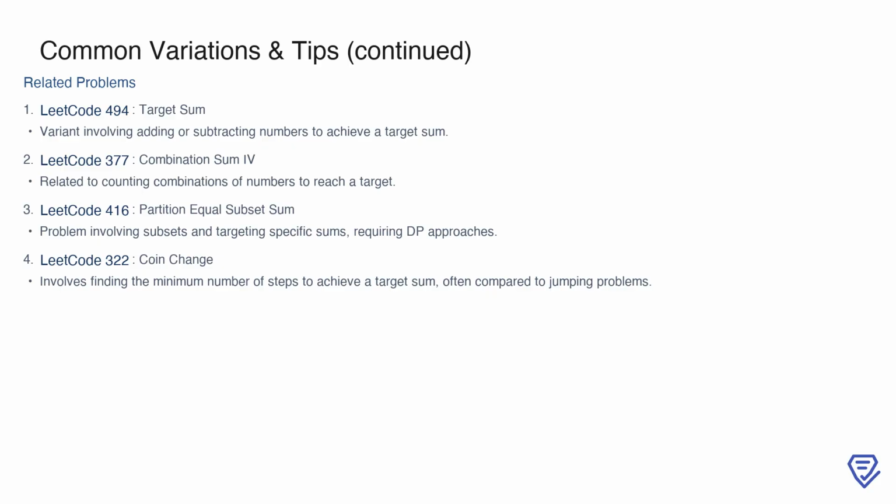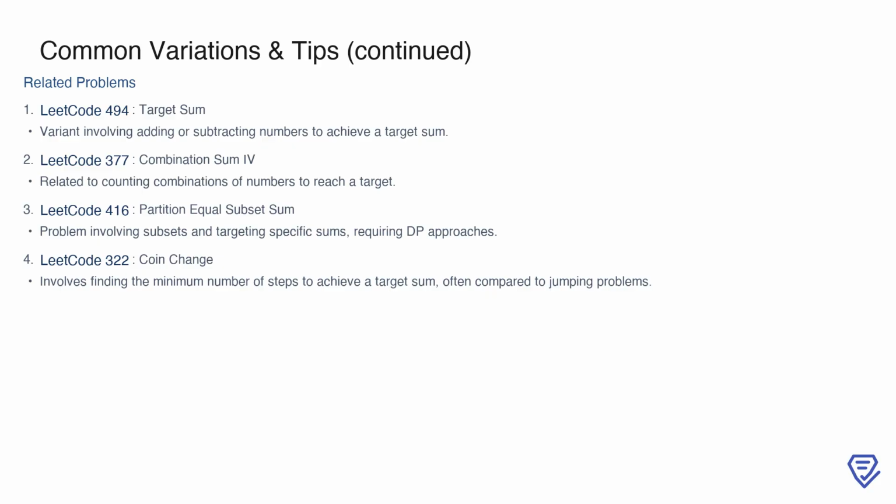understanding. For instance, LeetCode 494, target sum, involves adding or subtracting numbers to achieve a specific target sum, making it closely related in concept. Another example is LeetCode 377, combination sum 4, which focuses on counting combinations of numbers to reach a target.